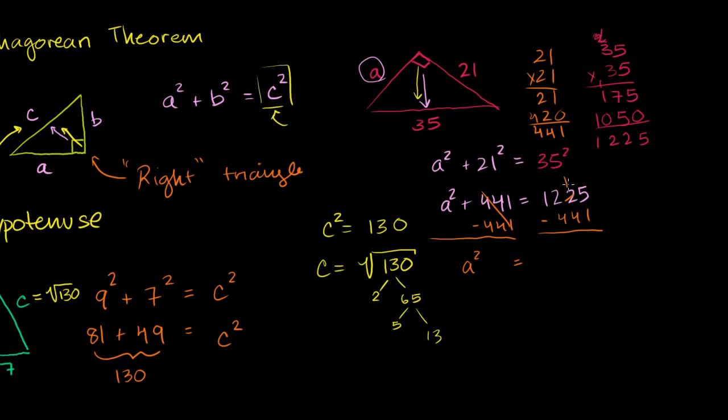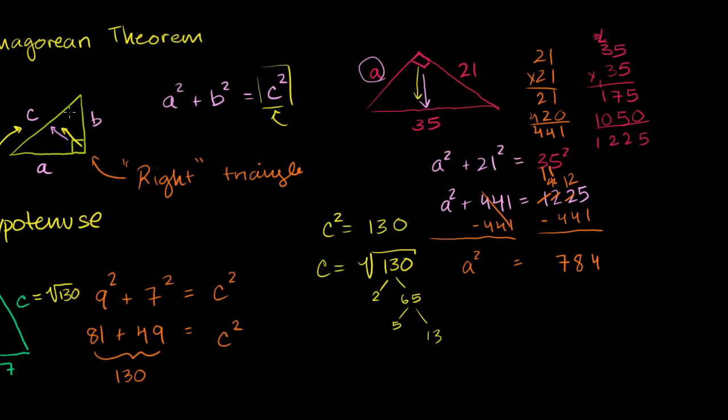So that becomes a 12, or regroup, depending on how you want to view it. That becomes a 1. 1 is not greater than 4, so we're going to have to borrow again. This becomes an 11. 5 minus 1 is 4. 12 minus 4 is 8. 11 minus 4 is 7. So a squared is equal to 784.